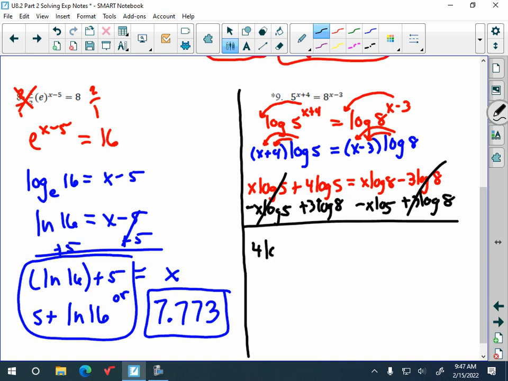All right, so 4 log 5 plus 3 log 8 equals x log 8 minus x log 5. All right, so I think we have just 2 steps in here. So now once you have the x's on one side, you're going to factor the GCF out, which is x. They both have x's, you're going to factor x out.